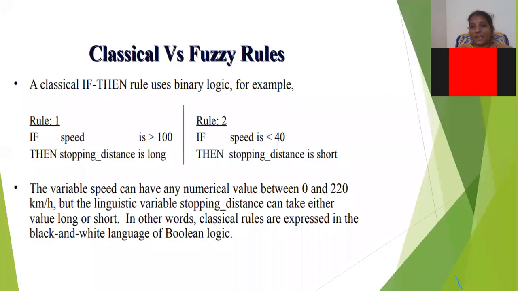Second rule, if the speed is medium, the stopping distance is short. If the speed is very low, 10 kmph, the stopping distance is very short. In this way you can express different linguistic variables and linguistic values using fuzzy rules.